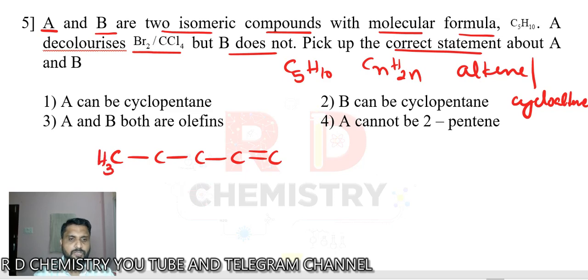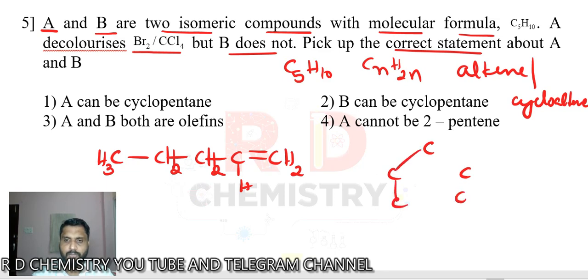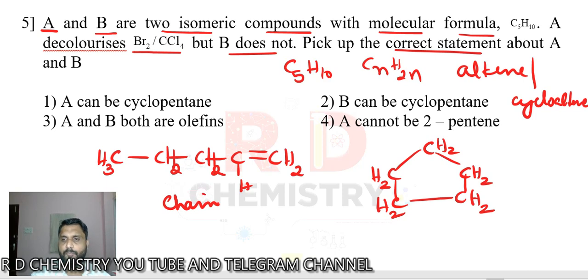I can write CH3, CH2, CH2, CH, and CH2. You can count this: 5 carbon atoms and the hydrogens 10. If I go for cyclopentane, 1, 2, 3, 4, 5, cyclopentane has no double bond. Remember, alkenes and cycloalkanes are structural isomers, also called ring chain isomerism.